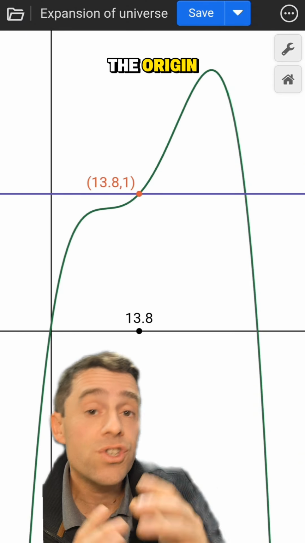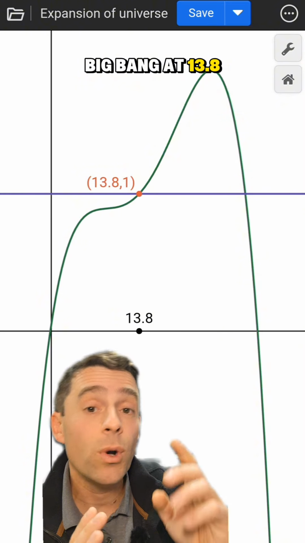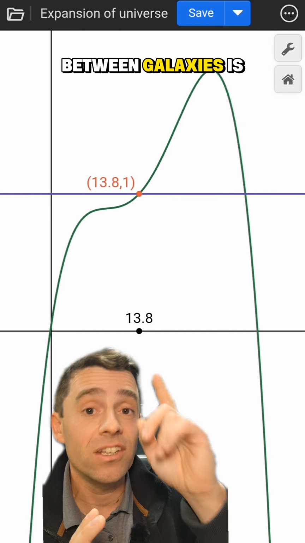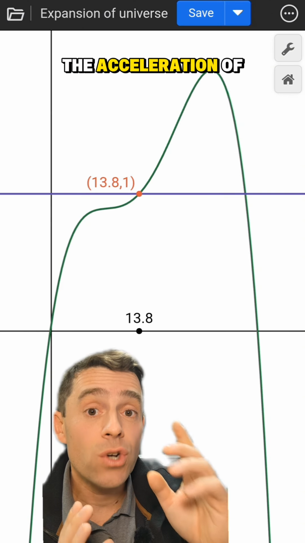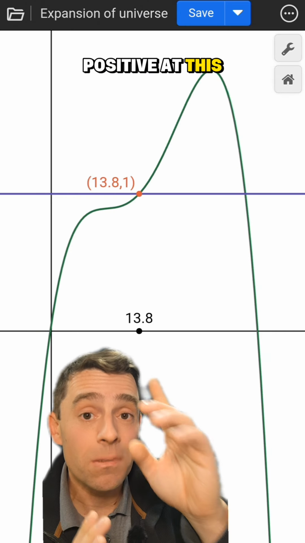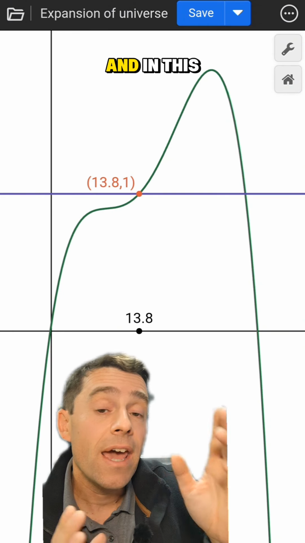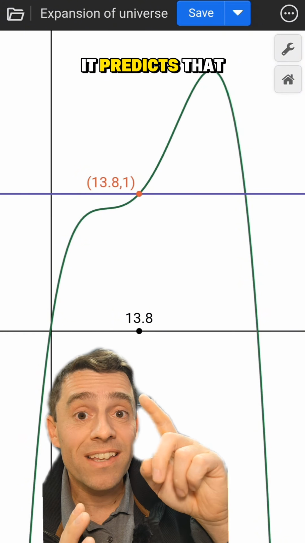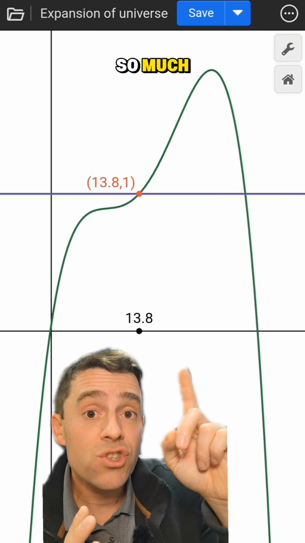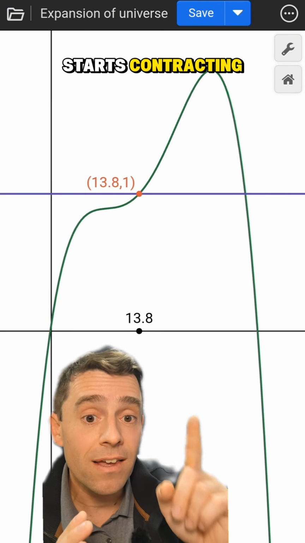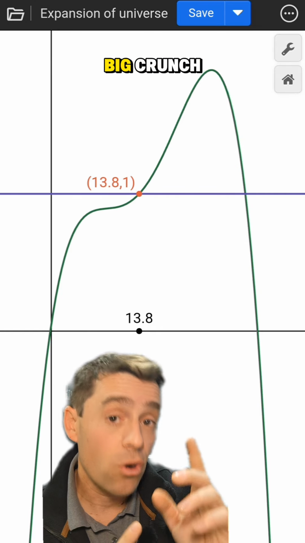It goes through the origin, so through the Big Bang. At 13.8, the average distance between galaxies is 1. The acceleration of the universe is positive at this moment, but then the acceleration starts to slow down. And in this particular model, it predicts that it slows down so much that the universe starts contracting and it ends up in a big crunch.